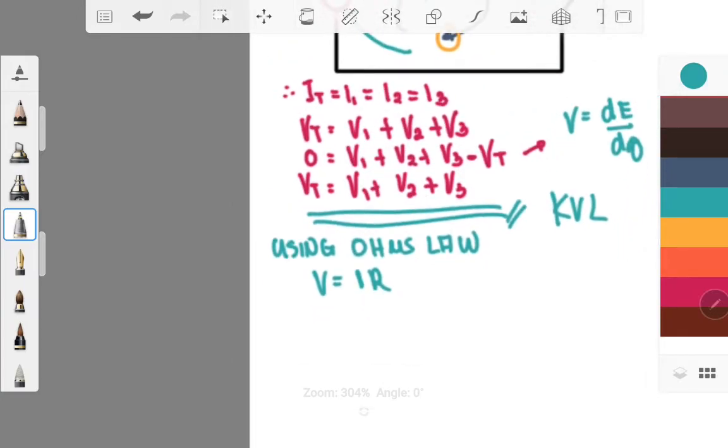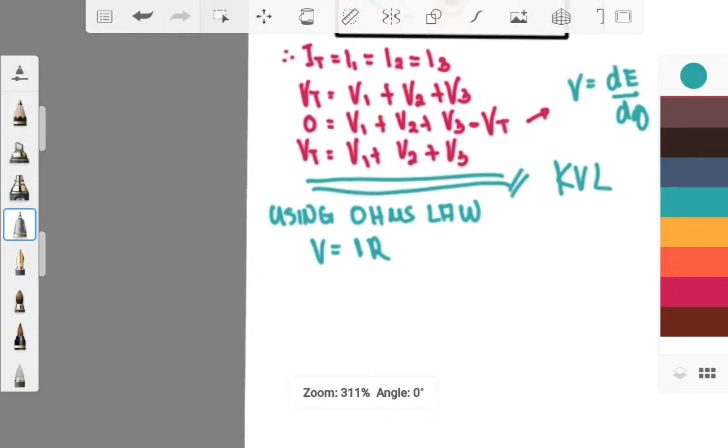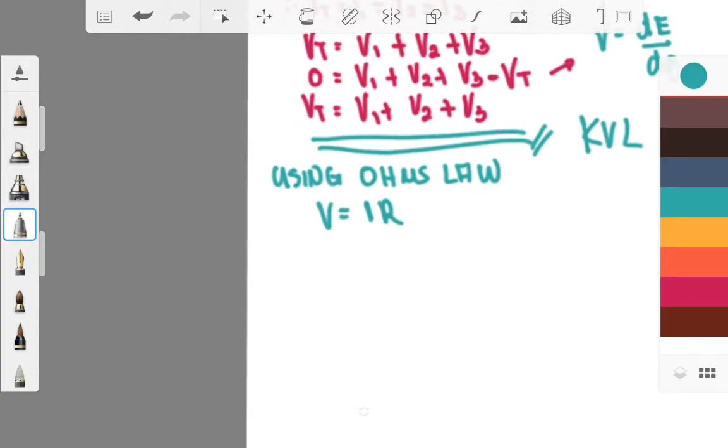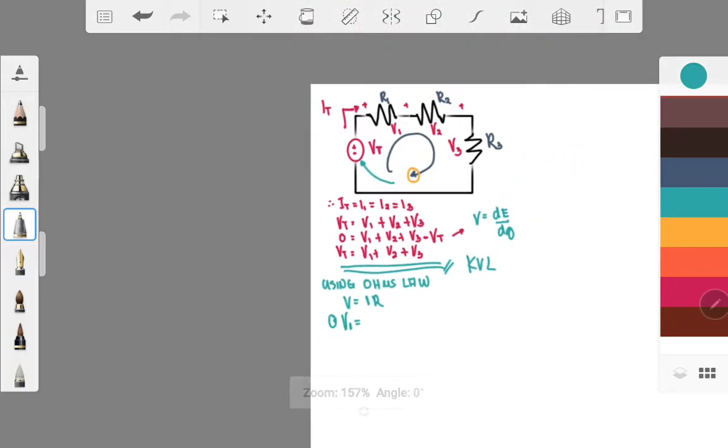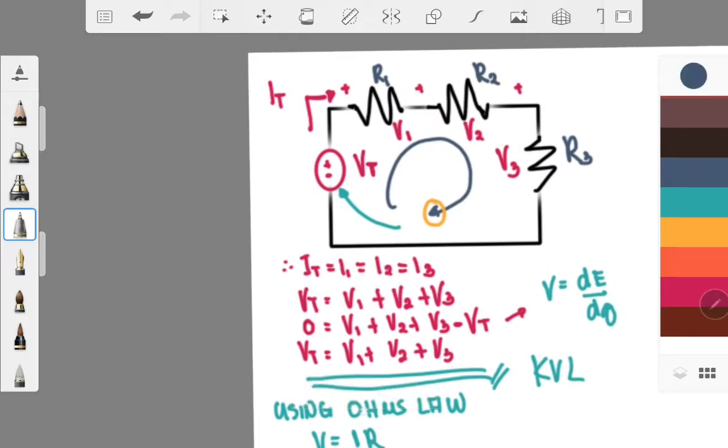Right? But what is your IR? Your IR is equal to, let's say, at V1, your I1 and your R1.